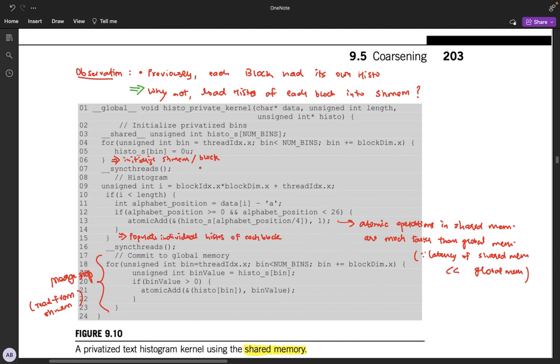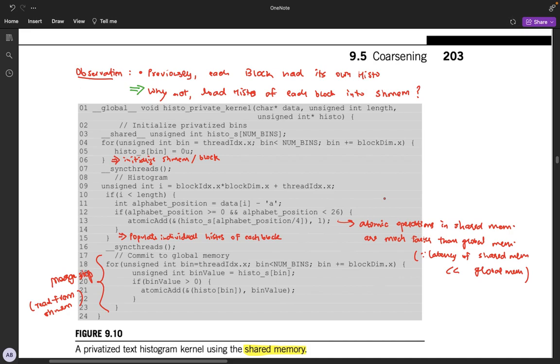So first we initialize the shared memory per block in this step, like lines 4 to 6. Then in lines 9 to 15, we do the atomic operation, a very similar computation as we did in the last implementation, where each thread block had its own histogram in global memory.